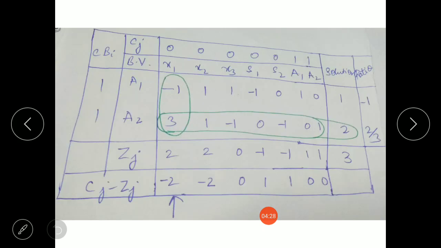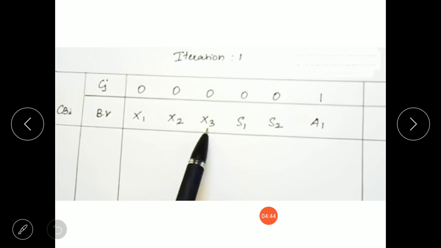Why is A2 not present? Because from the previous slide I told you that A2 is the leaving variable. This is a slight modification over the simplex method. Here, whichever is the leaving variable, you remove that variable from the row corresponding to the basic variable. So we will not write A2 in that row.